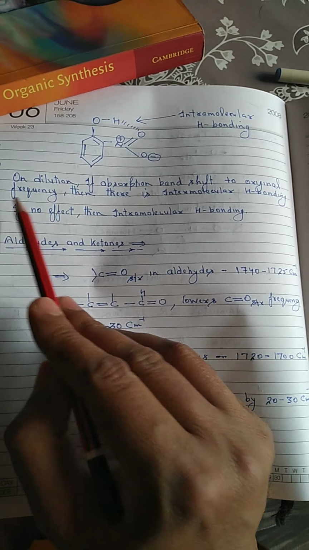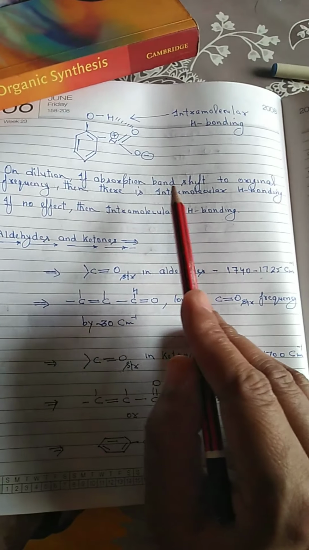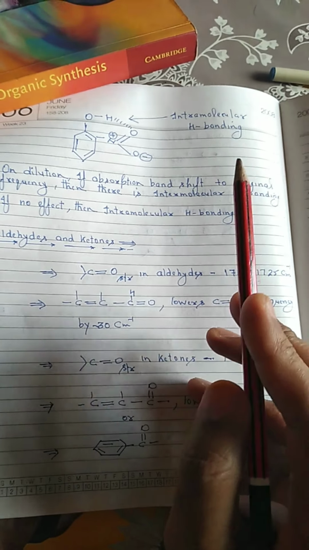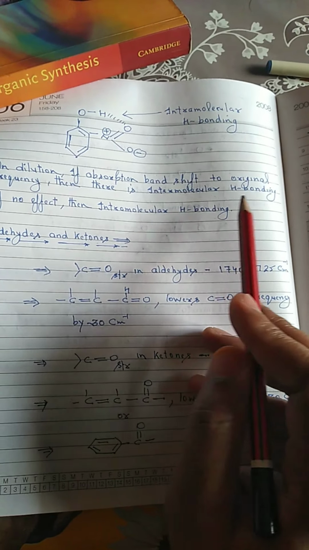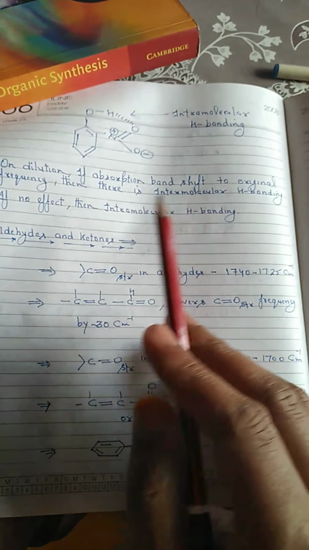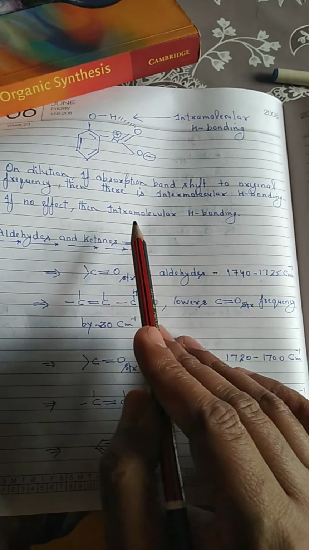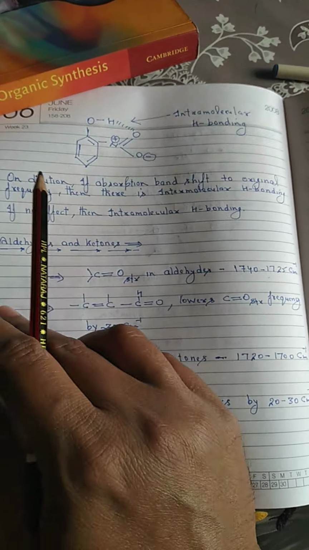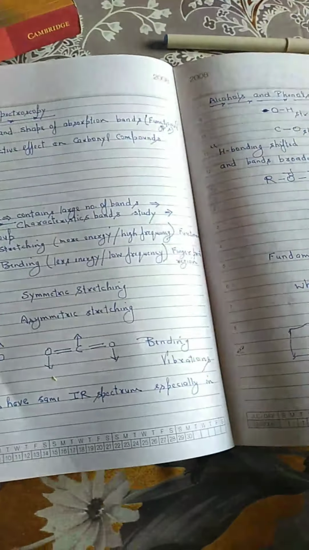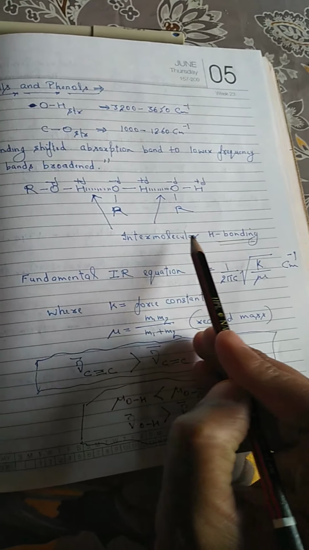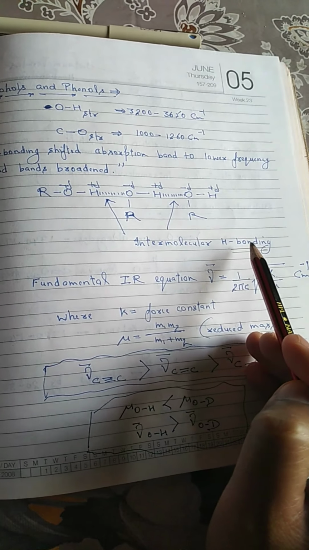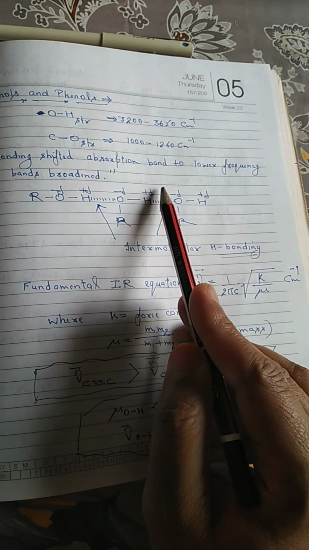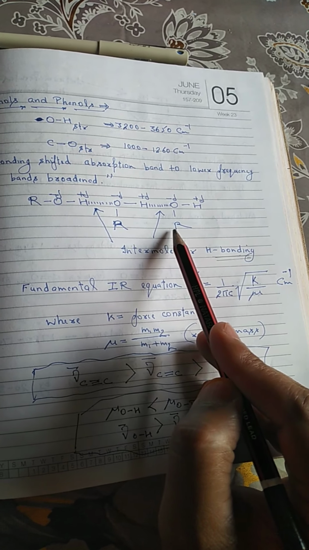On dilution, if the absorption band shifts to the original frequency, then we can say there is intermolecular hydrogen bonding. When it is not so, we can say there is intramolecular hydrogen bonding, because if we dilute the sample, the intermolecular hydrogen bonding diminishes. This bond does not exist.